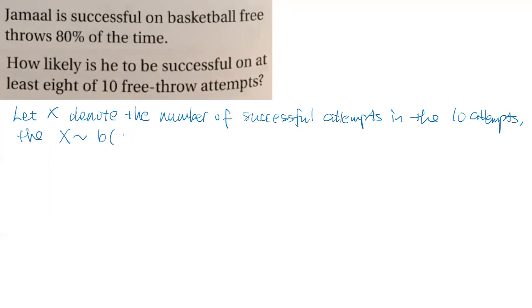The first parameter is 10 because there are 10 experiments, right? The second is the probability of each time being successful. That means 0.8, right? Because the probability here is 80%. Then it actually asks you to calculate the probability of x at least 8. That means equal to or over 8.